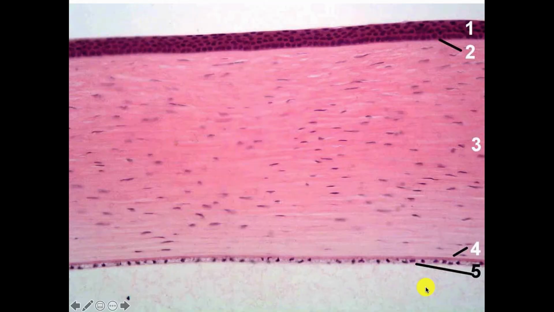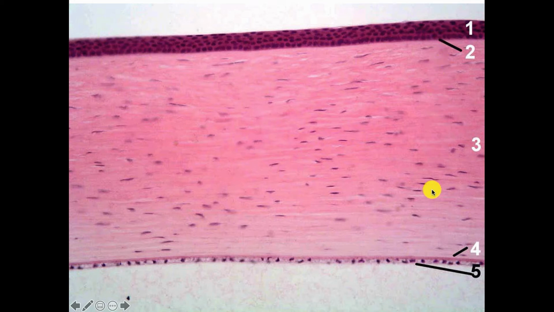This is another slide showing the section in the cornea. You can see the first layer, which is the non-keratinized stratified squamous epithelium, number 1. Number 2, it is the Bowman's membrane or anterior limiting membrane. Don't forget that it is formed of collagen fibrils, and it is very thick, as you know, to provide stability and strength for the cornea.